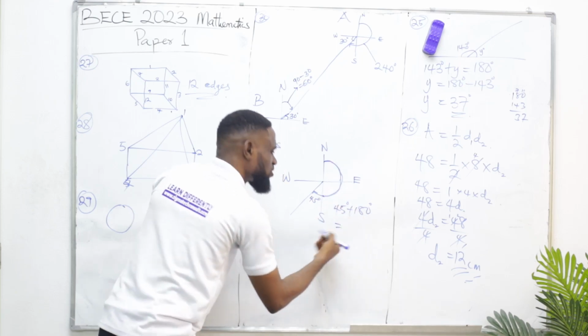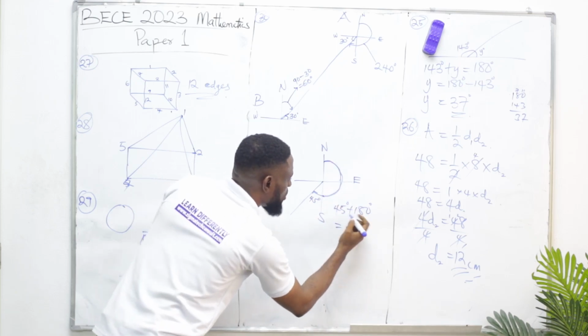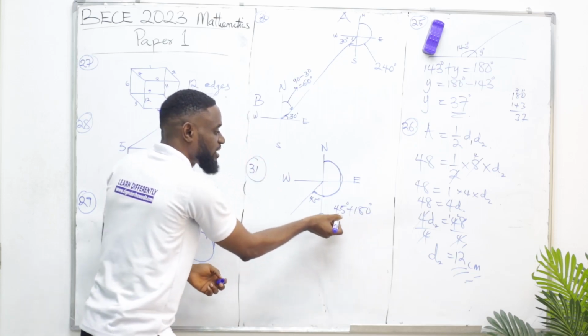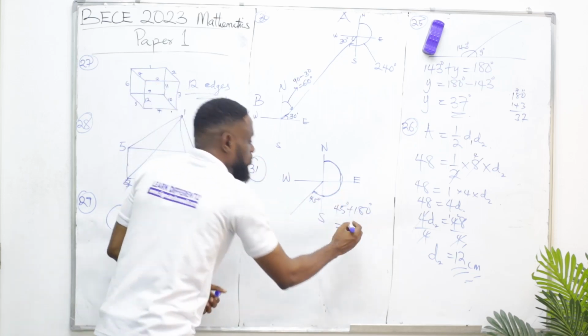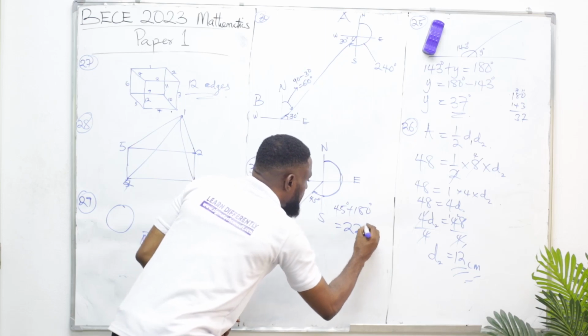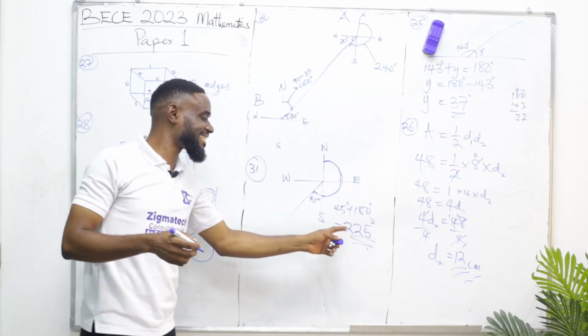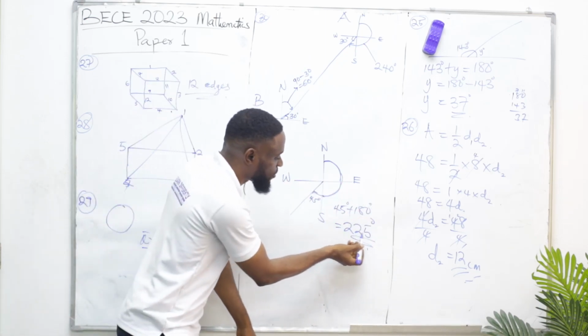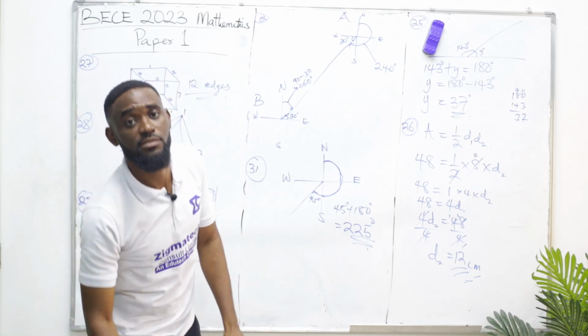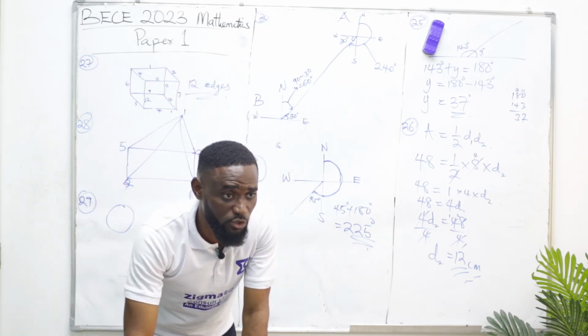If we do that, it will give us something around 225. 180 plus 20, that is 200, plus 25, that is 225. So that is 225 degrees. That is the three-figure, in the sense that it has three figures on it. All right? Okay, so 225 is option B.